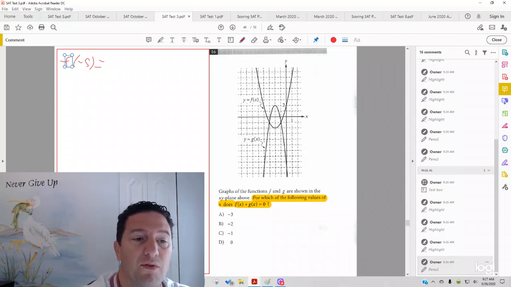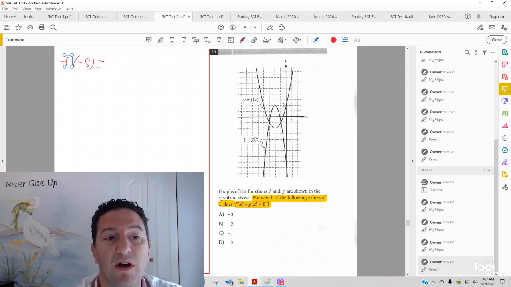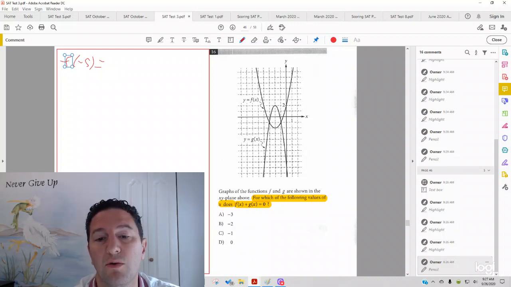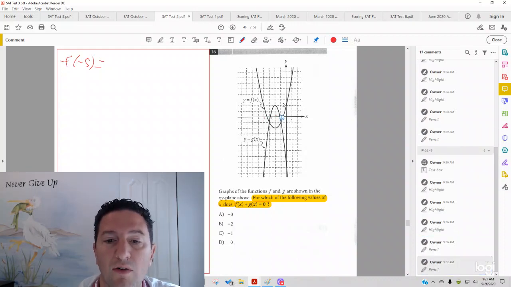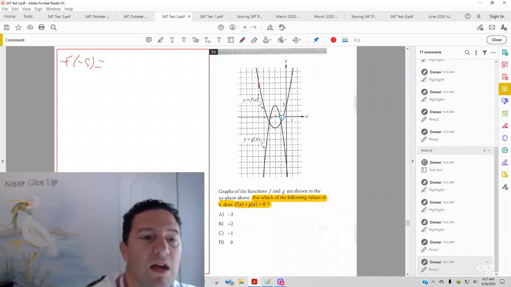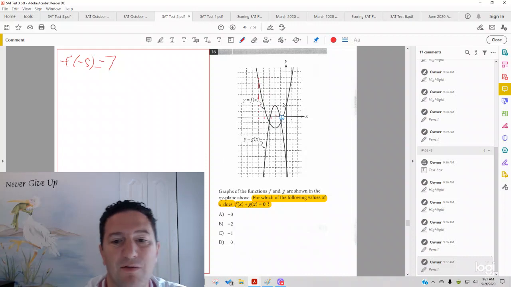Usually you say f of x, here we say f of negative 5, so negative 5 replaces x, so we want to go to where x equals negative 5. So we go back negative 1, negative 2, negative 3, negative 4, negative 5, and then we go up to the y value, and it's 1, 2, 3, 4, 5, 6, 7. It looks like f of negative 5 is about 7.